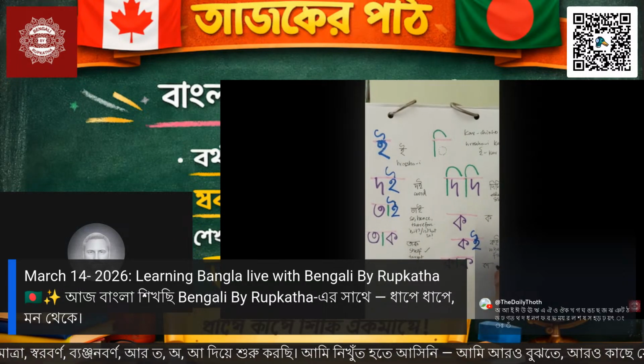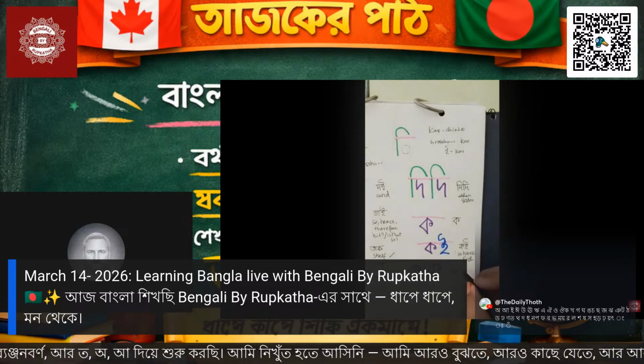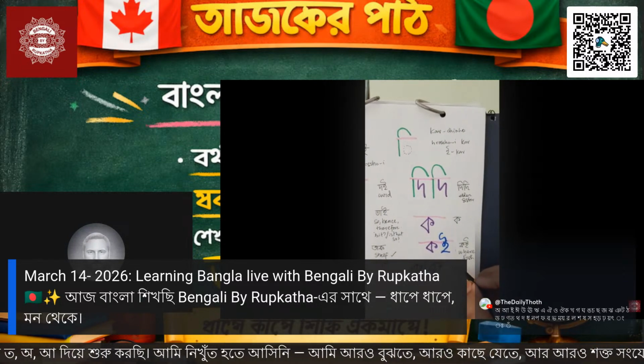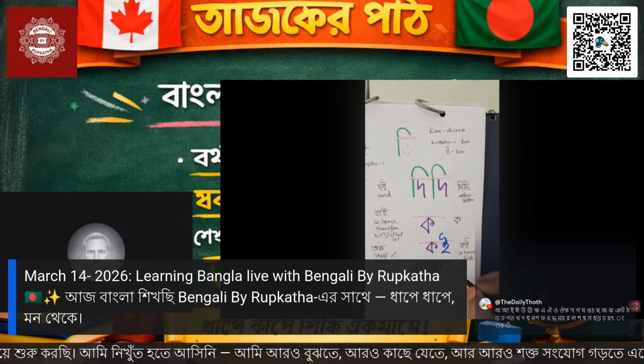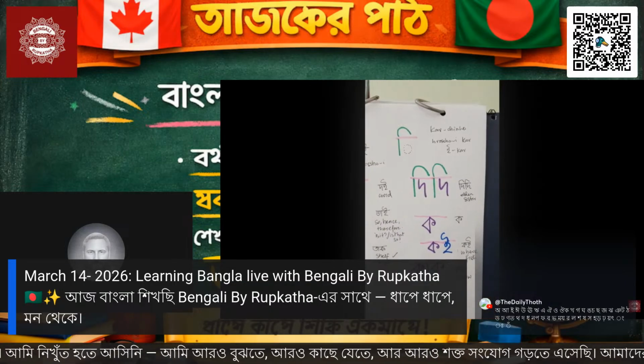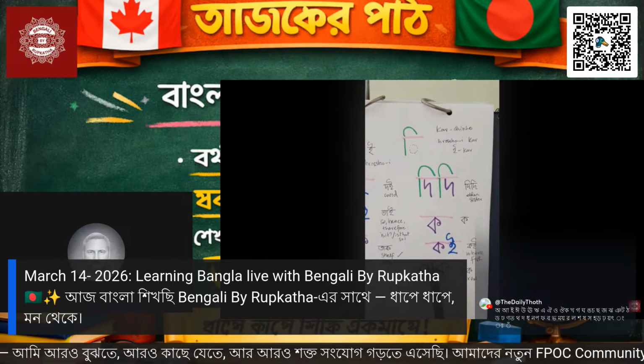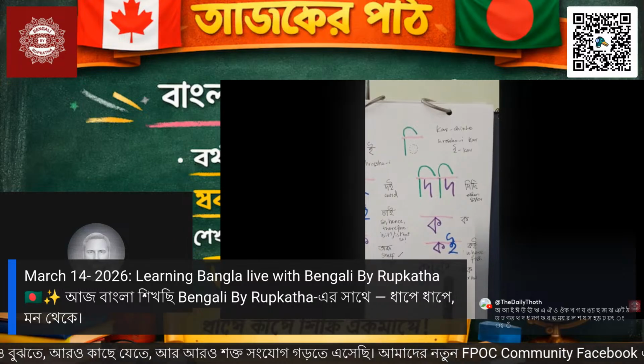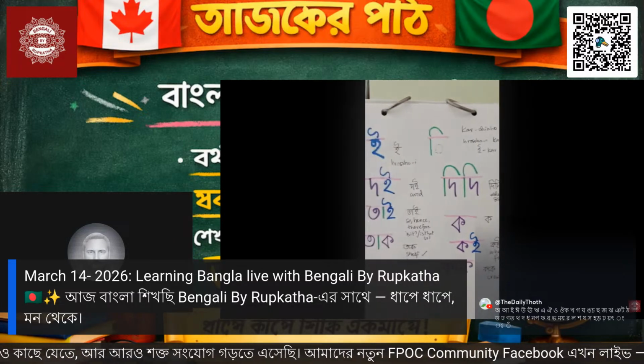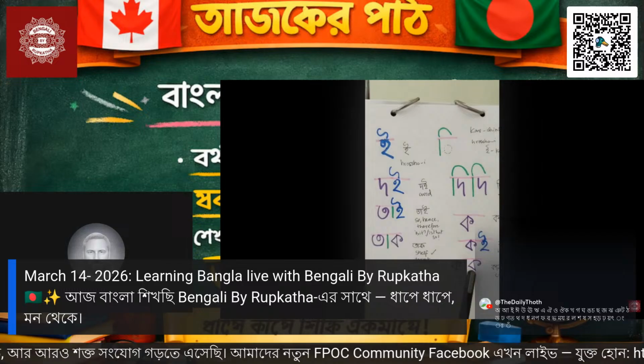Koi akar ko. This means crow. It's a very, very common bird in Bengal. And this is koi akar ko. Kak. Kak. It rhymes with tak. Tak. Kak.